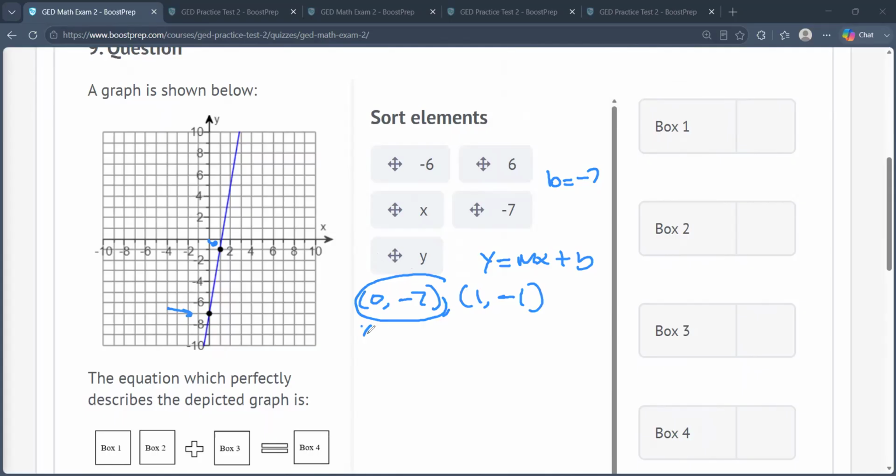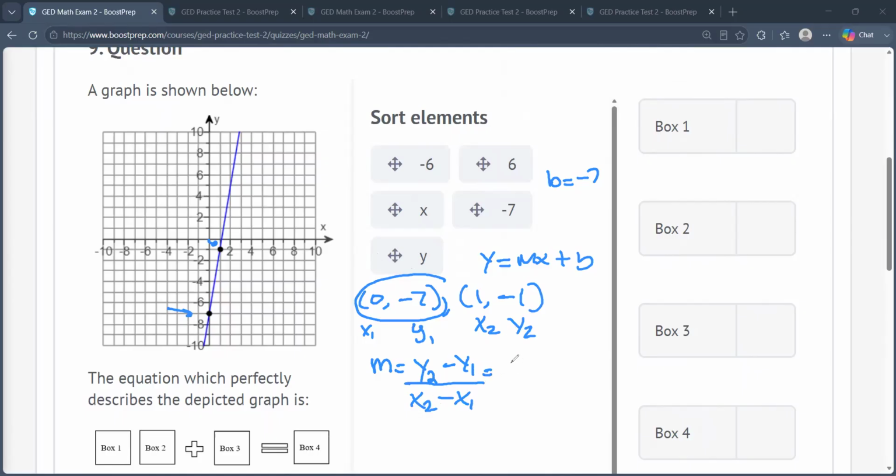So I'm going to label this x1, y1, x2, y2. To find the slope, you use the slope formula, y2 minus y1 over x2 minus x1.